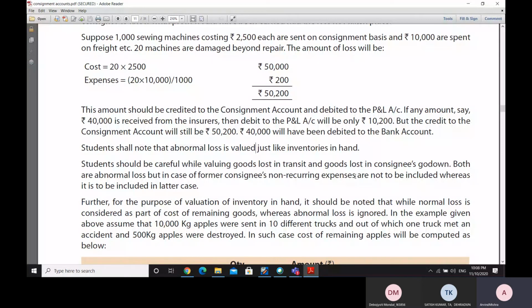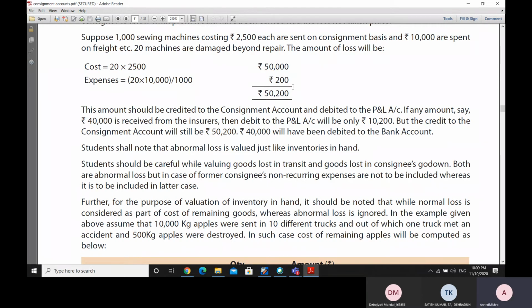But if the goods are lost in the consignee's godown, then these non-recurring expenses, which happen to be incurred due to this abnormal loss, will be included while valuing those goods which are lost in the consignee's godown. Now, the loss which is happening is of the goods. So basically, when we are valuing the goods, we are trying to find out what loss has happened to the business due to the loss of the goods.